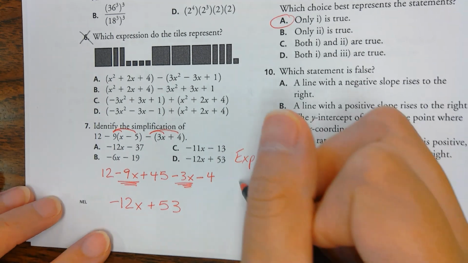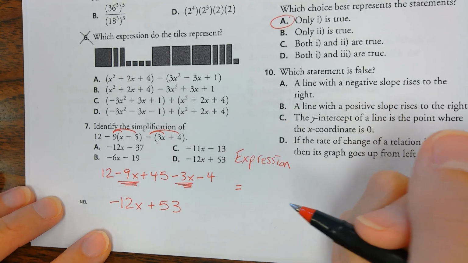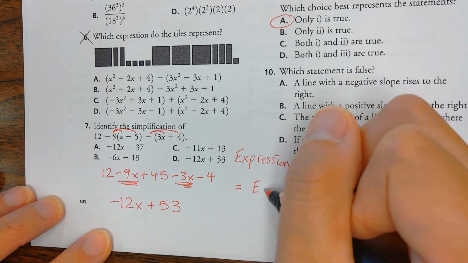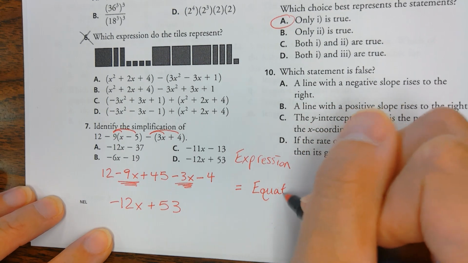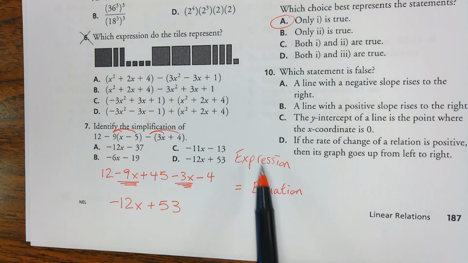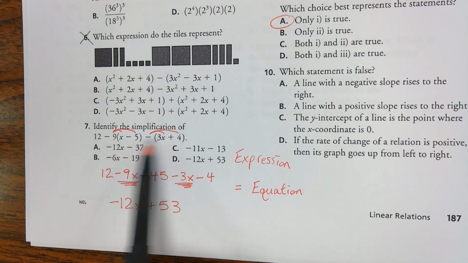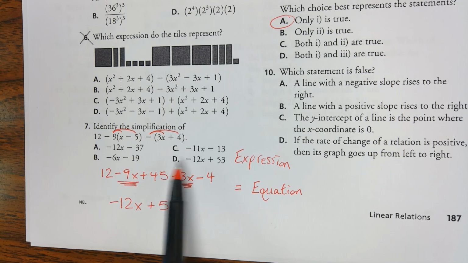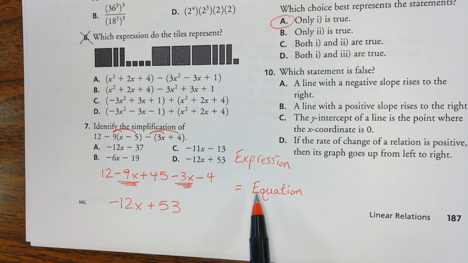When there are equal signs, that's what makes it an equation. So that's the difference between an expression and an equation. Since this is just an expression, that's why none of the signs changed. You're just grouping the signs together. When there's an equal sign and you move from left to right or right to left, that's when the signs change.